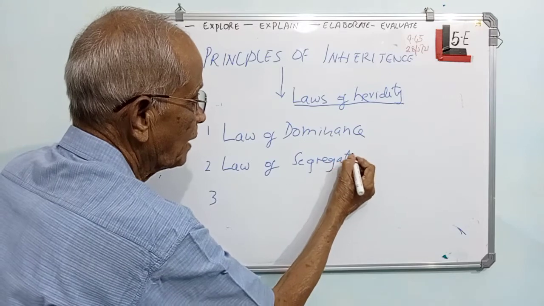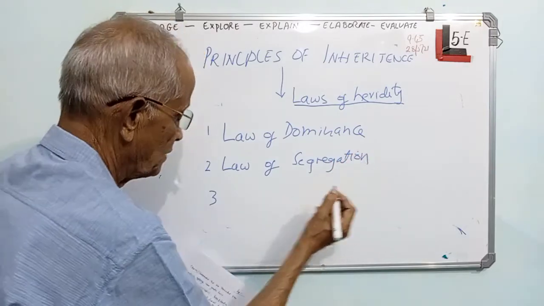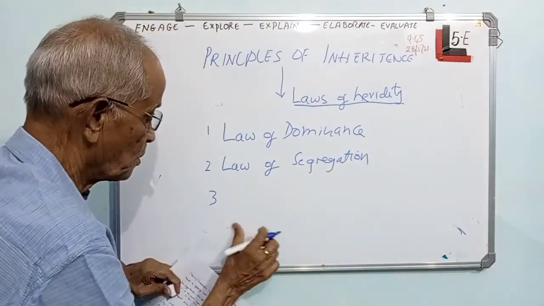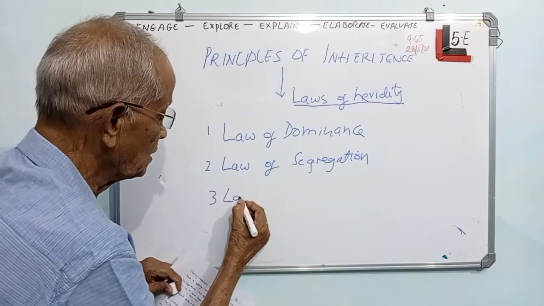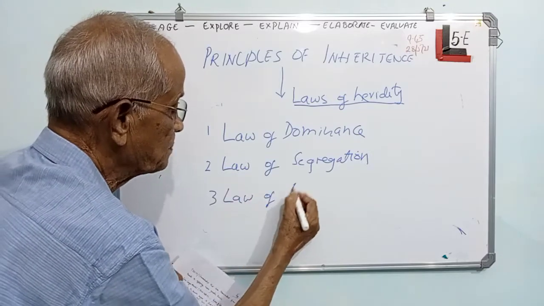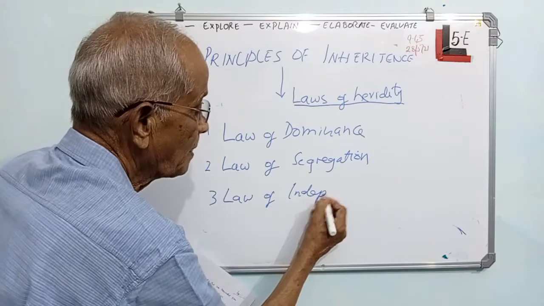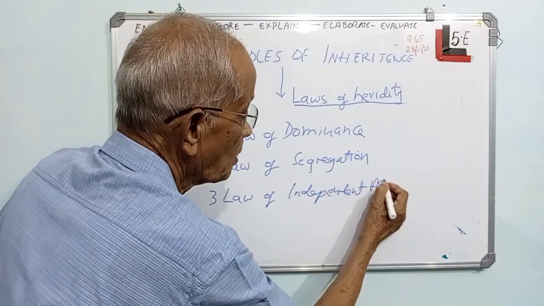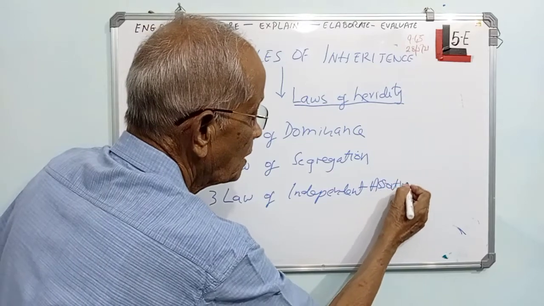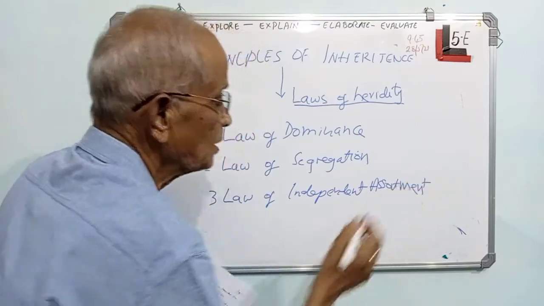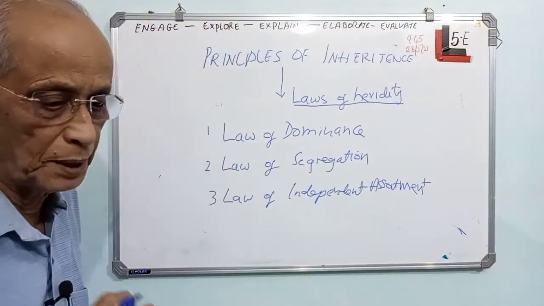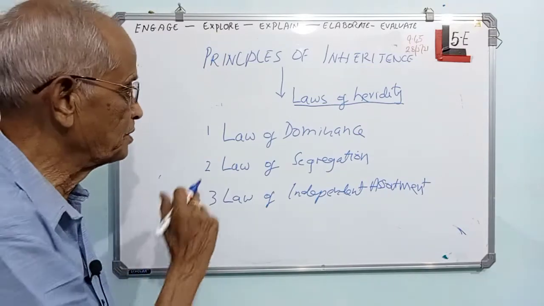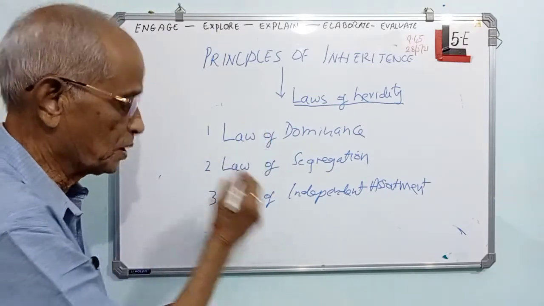We shall know what they are in the next few moments. And the third one is the law of independent assortment. So these were the three important propositions he made, which later on became the laws.